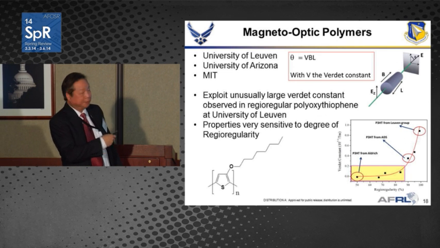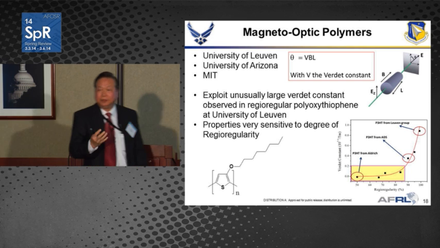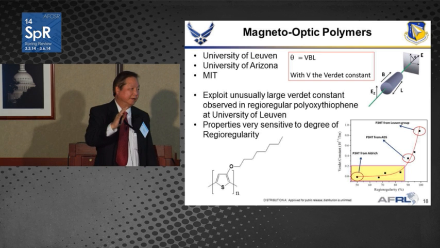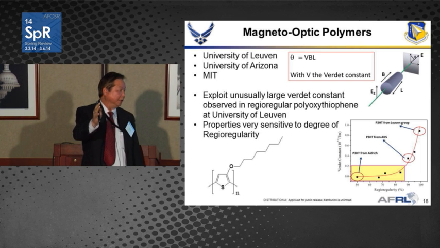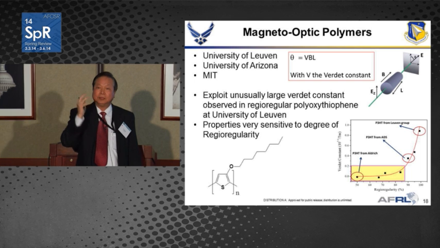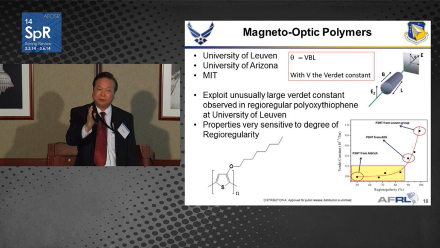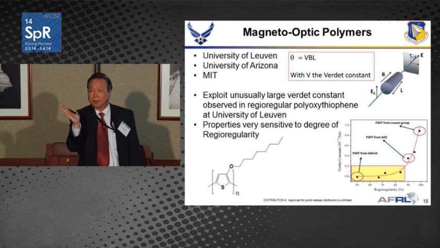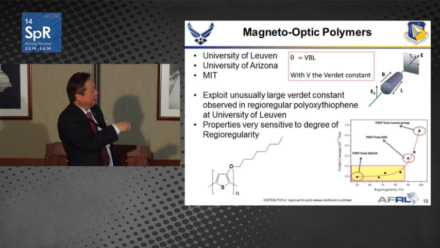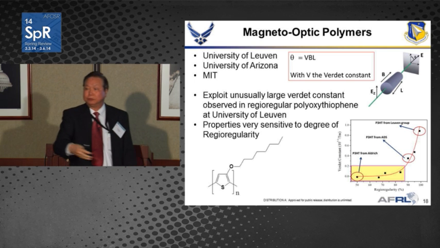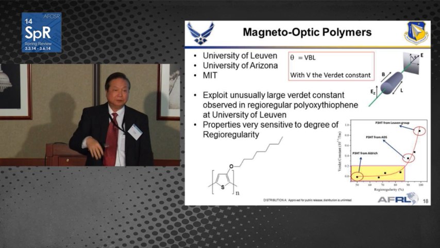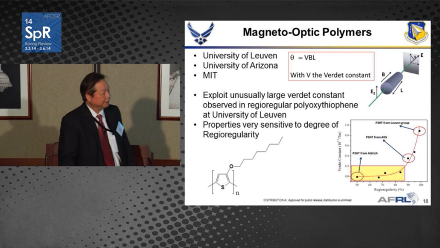For magneto-optic polymers, it's measuring the Faraday effect. That is, you have polarized light going through the material. Depending on the magnetic field that's present, it rotates by a certain amount. And this type of material is used right now for optical isolators and different types of optical applications.